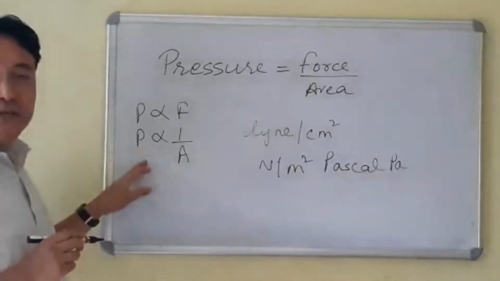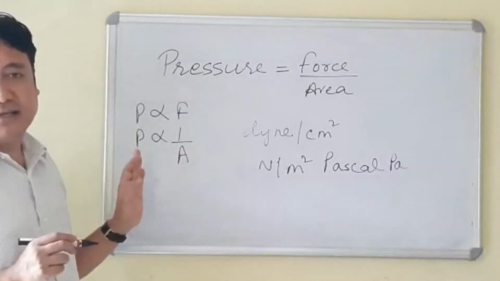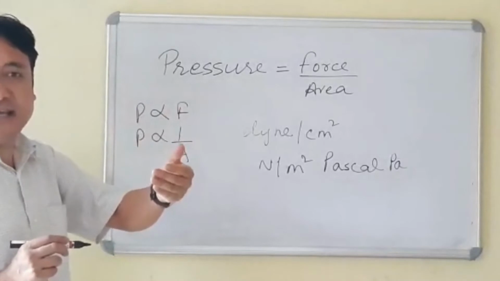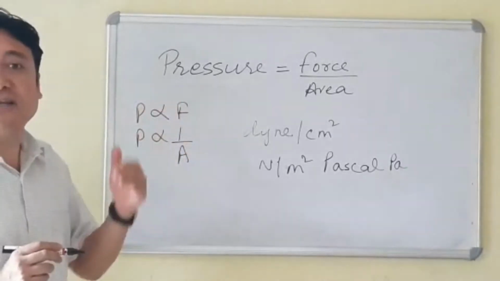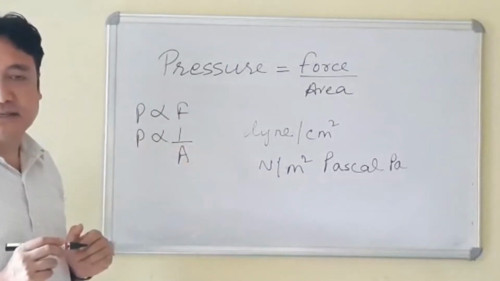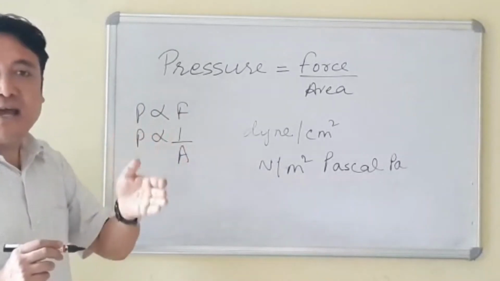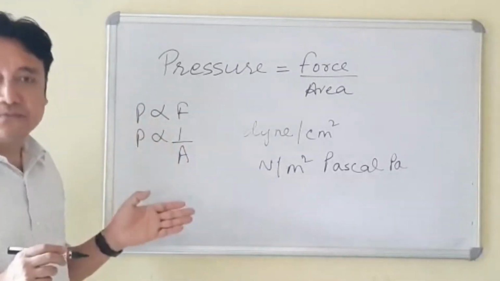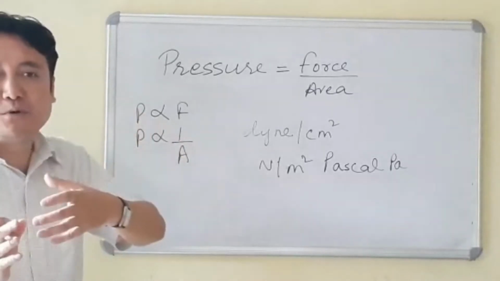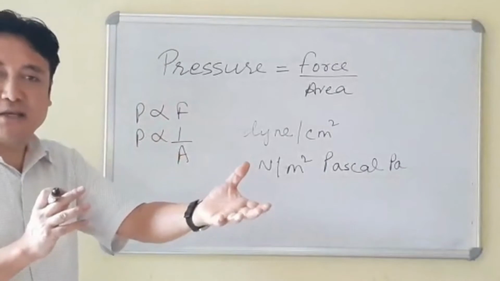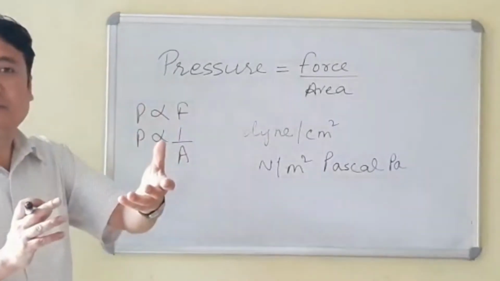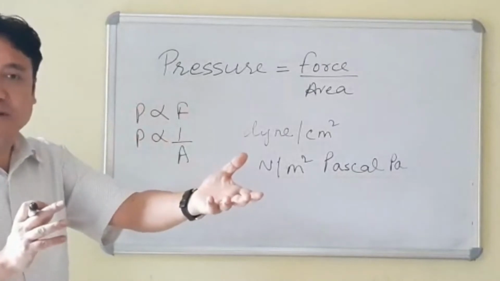Likewise, pressure is inversely proportional to the area. Inversely proportional means if the surface area in which the body comes in contact is more, pressure will be less. If the area is less, pressure will be more. Inversely proportional means if one is more, the other will be less. But directly proportional means if one is more, the other will also be more.